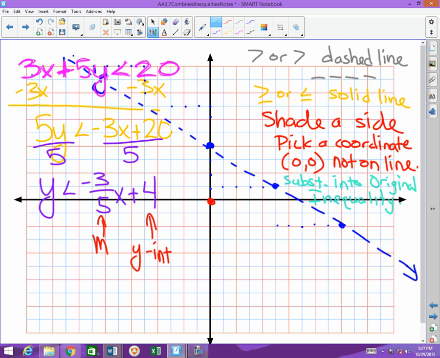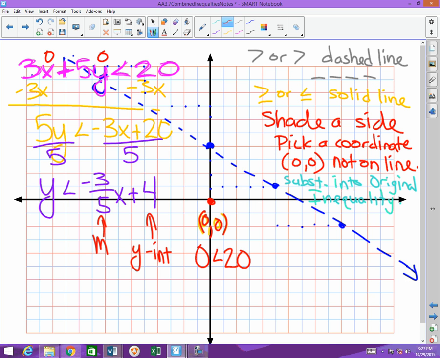So we take 0, 0, and we substitute it in for x and y. 3 times 0 is 0, plus 5 times 0, which is 0, and 0 plus 0 is 0, so you have 0 is less than 20.